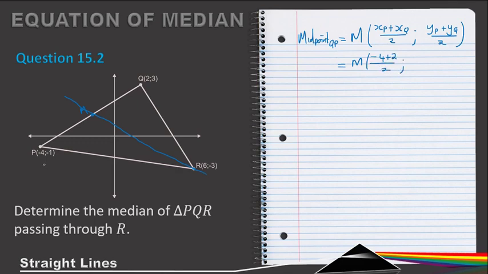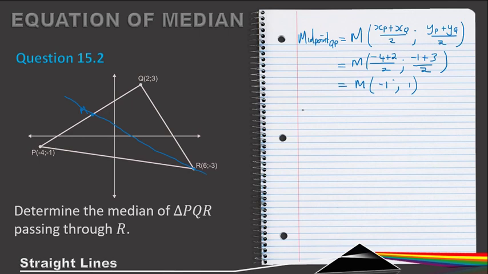And here for the y value is minus 1 plus 3 over 2. And then simplify, we get minus 2 over 2, which gives us negative 1. And over here we have 2 over 2, which gives us a positive 1.